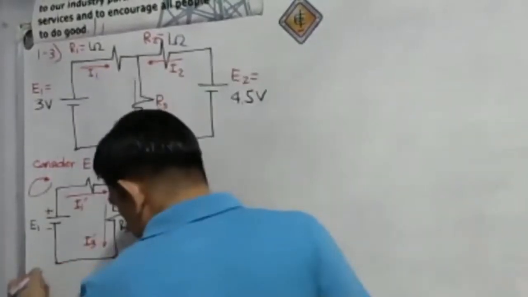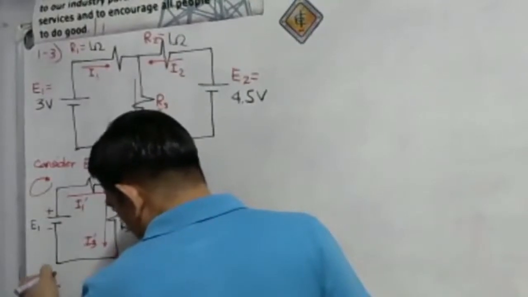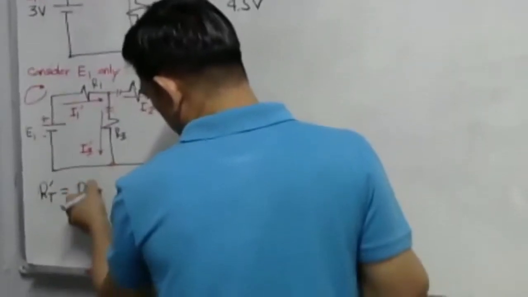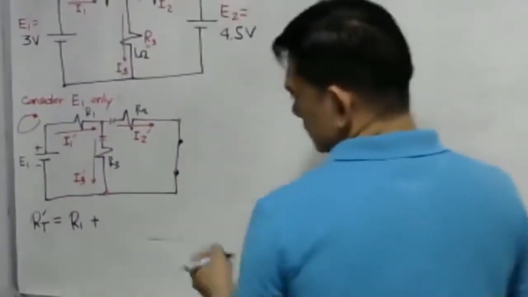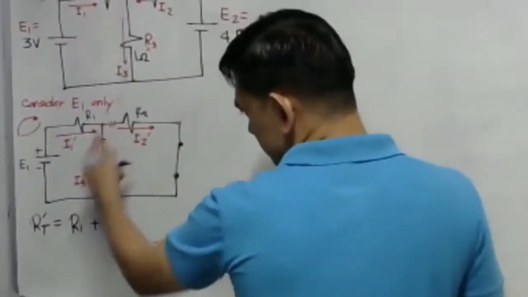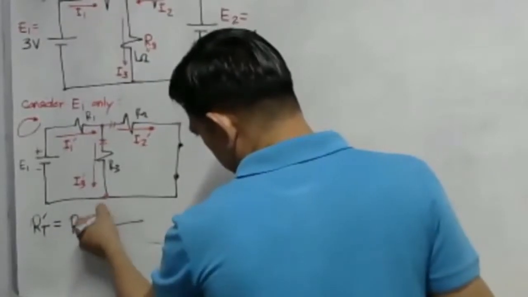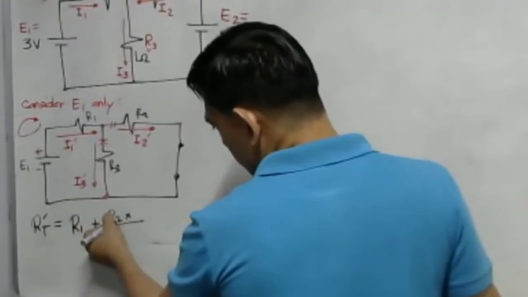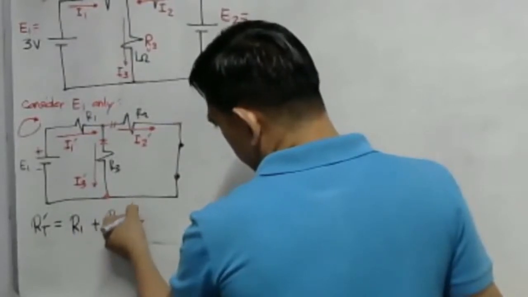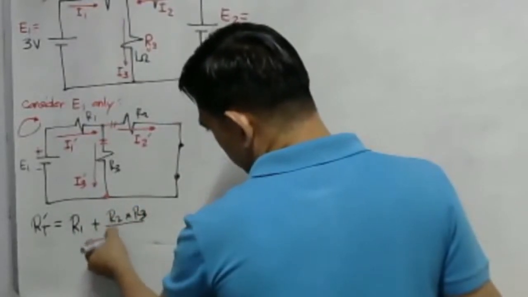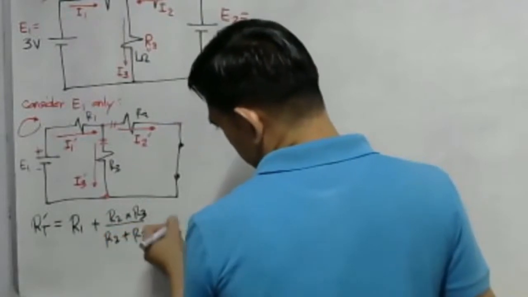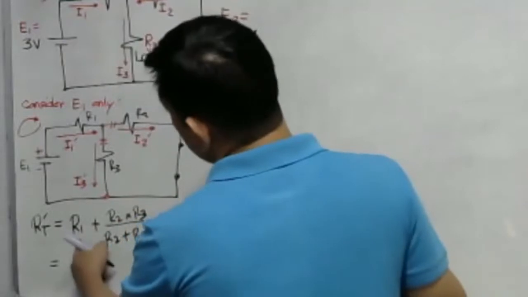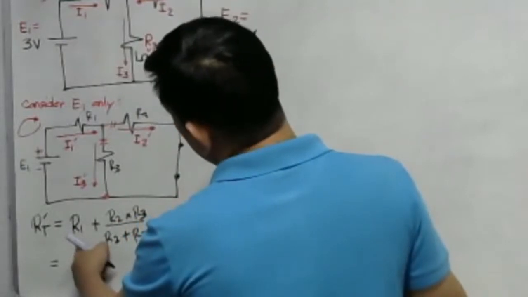The total resistance, let's say RT prime, will be equal to R1 plus, since R1 is in series with a parallel combination, R2 times R3 over R2 plus R3, the product over the sum. Let us just substitute the values.